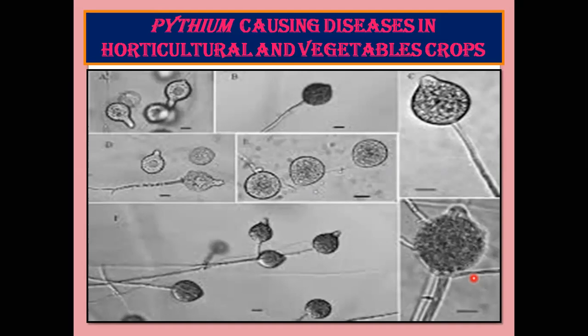Pythium is parasitic in nature and reproduces by sexual as well as asexual methods. It is a most destructive pathogen causing damping off and stem rot diseases in different horticultural and vegetable crops.